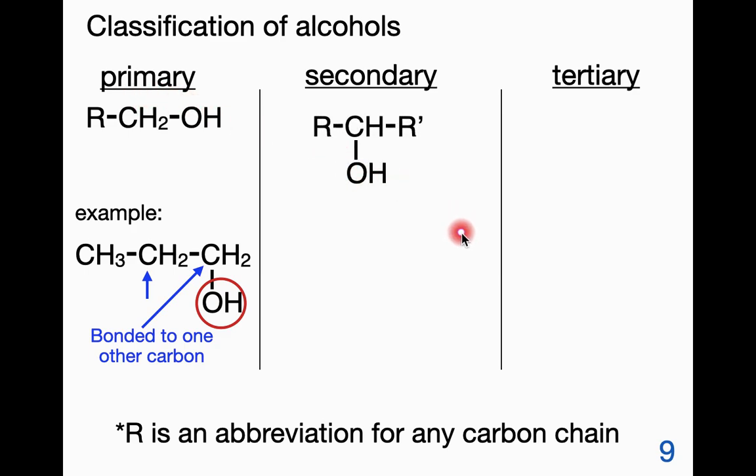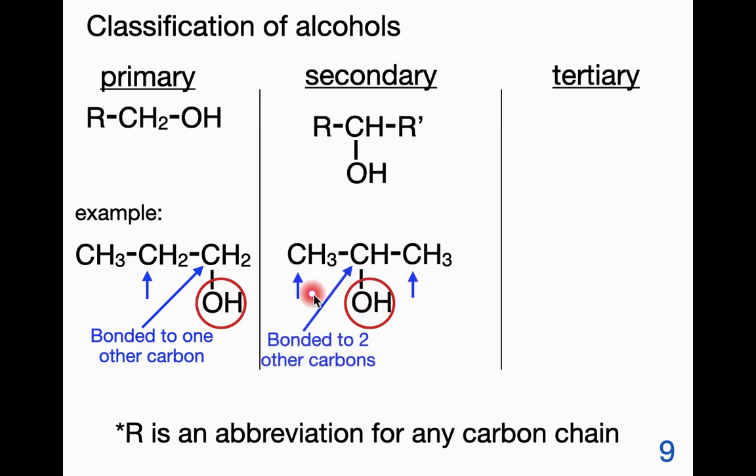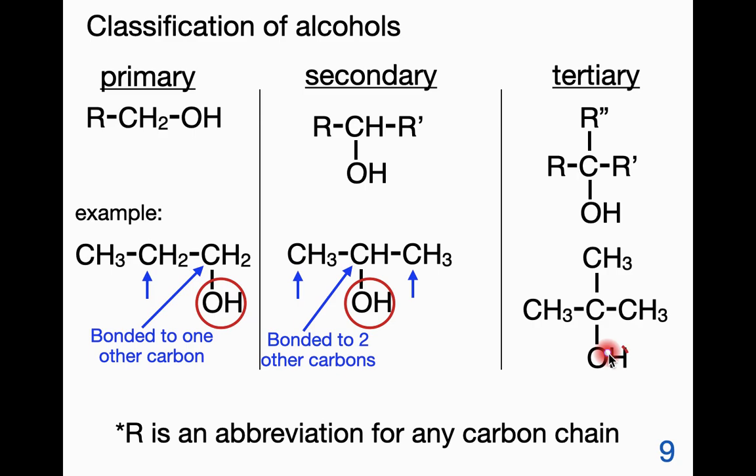For secondary, the carbon that has the hydroxyl group is bonded to 2 other carbons. So this hydroxyl group bonded to this carbon, that is bonded to 2 other carbons. Tertiary, bonded to 3 other carbons. So for this example, the carbon is bonded to 3 other carbons.